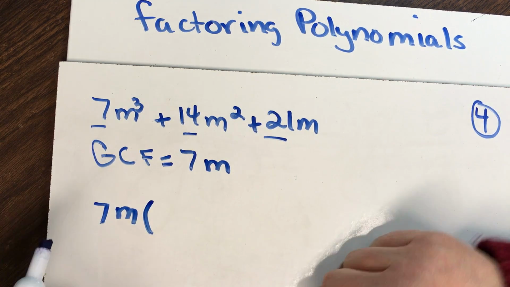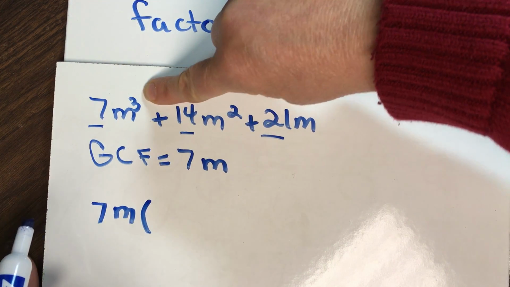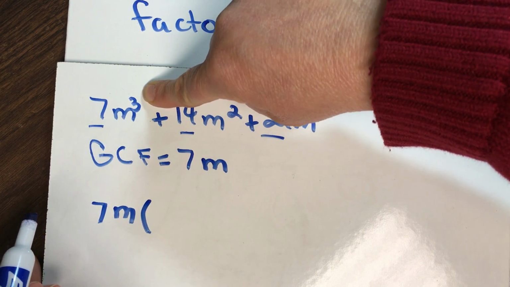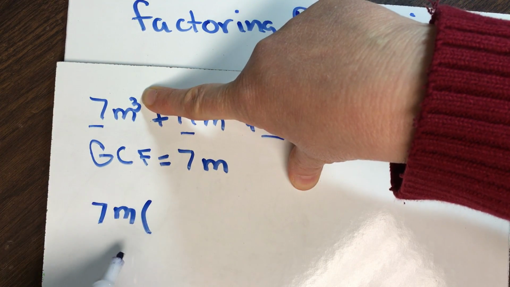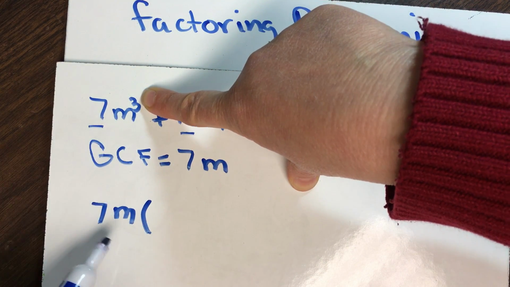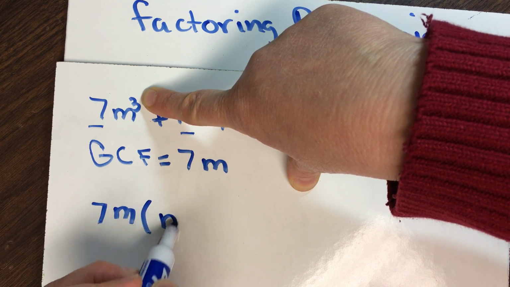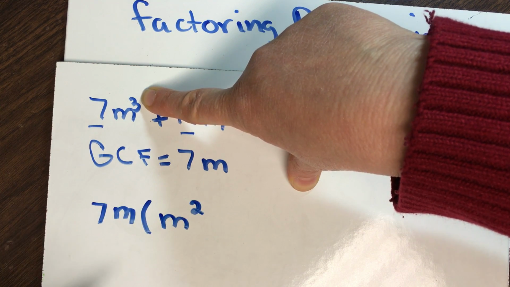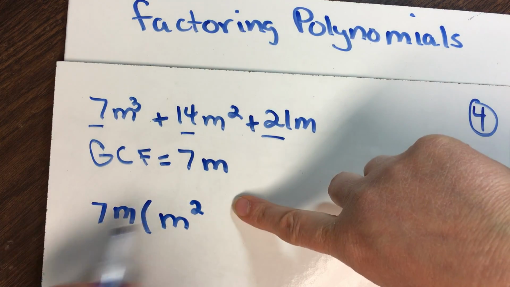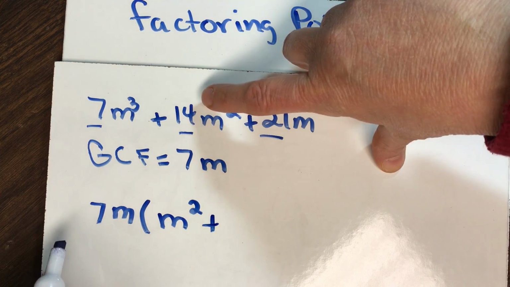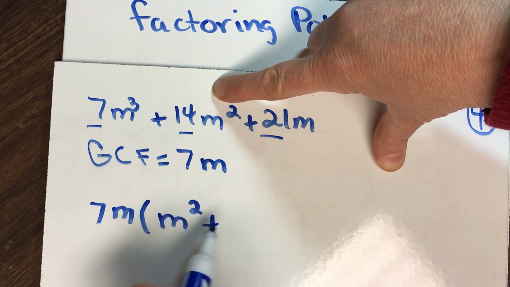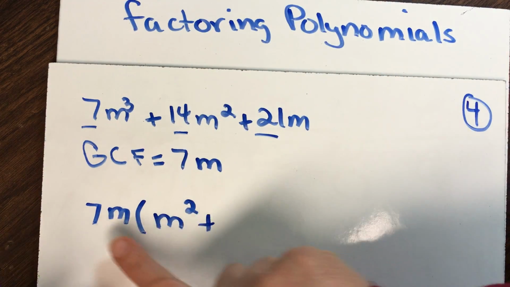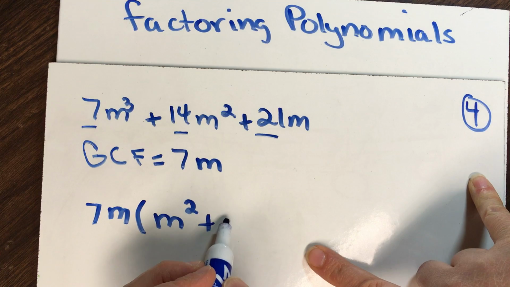And then we're going to divide. We're going to do the backwards of distributing. We're going to divide this into this to see what our first piece is. 7m cubed divided by 7m gives me m to the second. Now 7m divided into this would give me, well, I'm going to do my numbers first. 14 divided by 7 is 2.